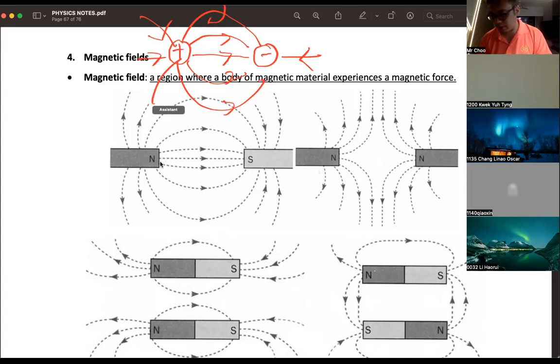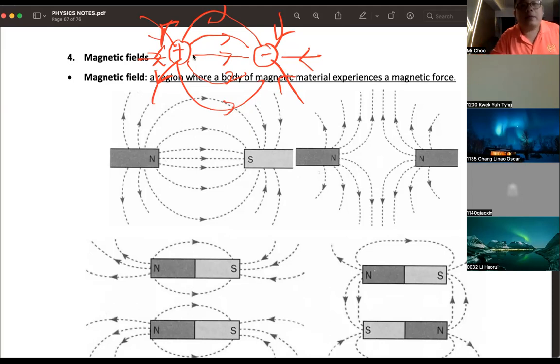Oh, sorry, I drew wrongly. It's going out, going out, going out. Then here is going in, here is going in. This is the electric field diagram between a positive charge and a negative charge. Clear?